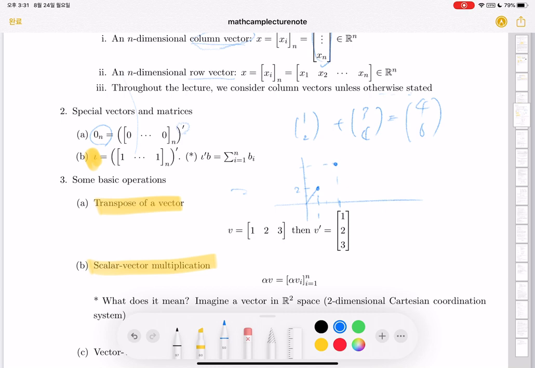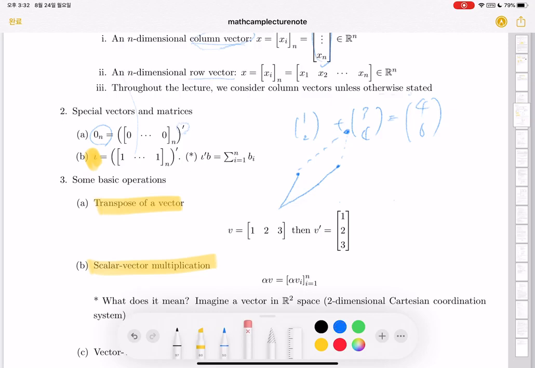And graphically, let's just exaggerate the graphs. Suppose this is your 1, 2, and this is your 3, 4. Then 1, 2 plus 3, 4 is you bring either this vector to here, or this vector to here, and the point that the end point of the new vector indicates is the summation of these two.